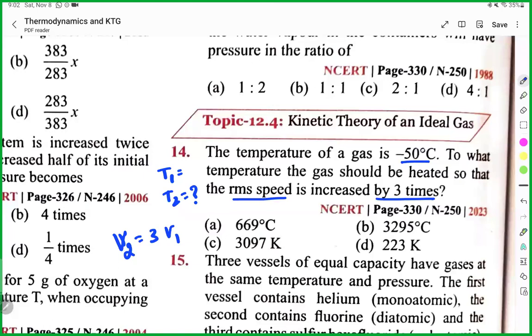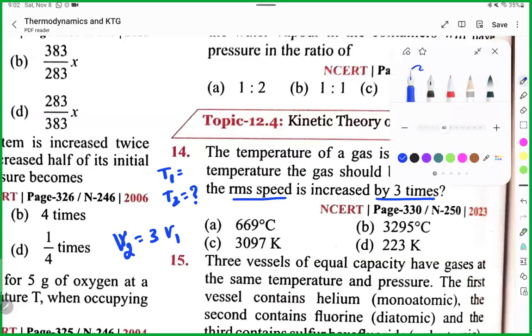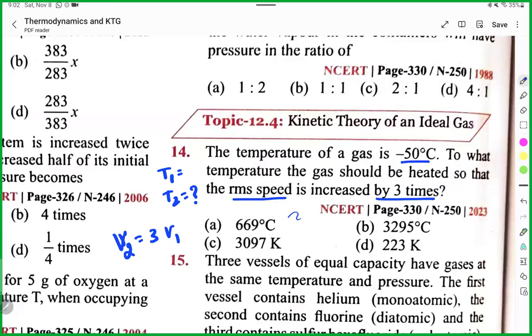So, we are solving question number 14. The temperature of the gas is given. Temperature we have to calculate. If RMS speed increases 3 times, here you have the same gas. If the gas is the same, this small m value will be the same. And temperature is changing. You know which formula you have to apply. VRMS is equal to root 3RT by molar mass.